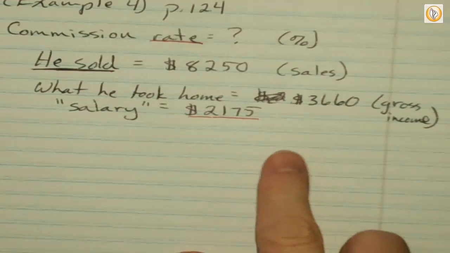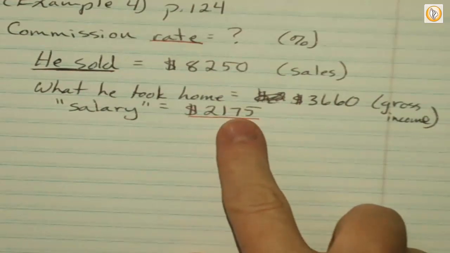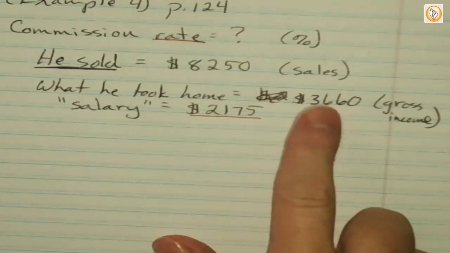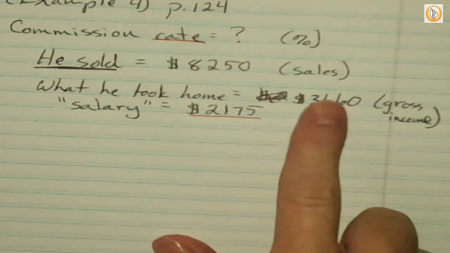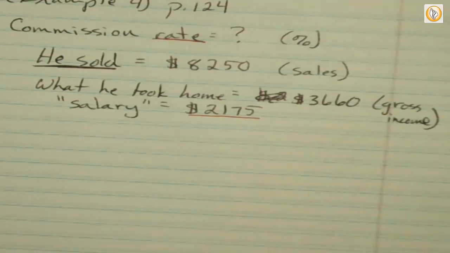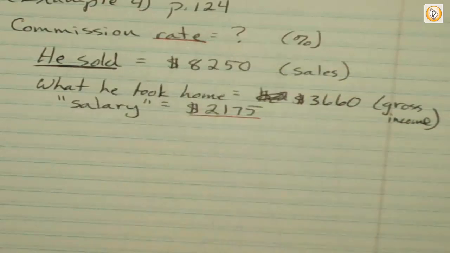Every single month, he gets that money. Now, if he sells a bunch of stuff, he gets commission. He gets the bonus money. That's why this one is so much larger. This is what he's taken home. So like Chap said, you could subtract it to find out what his actual commission is, okay? What he got, right? But they're asking for commission rate.